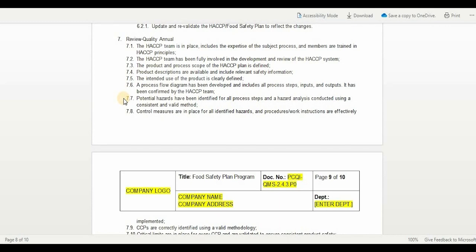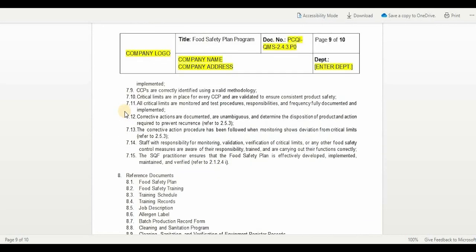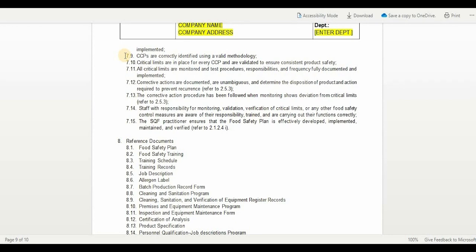Potential hazards have been identified for all process steps and a hazard analysis conducted using a consistent and valid method. Control measures are in place for all identified hazards, and procedures or work instructions are effectively implemented. CCPs are correctly identified using a valid methodology. Critical limits are in place for every CCP and are validated to ensure consistent product safety. All critical limits are monitored and test procedures, responsibilities, and frequency fully documented and implemented.